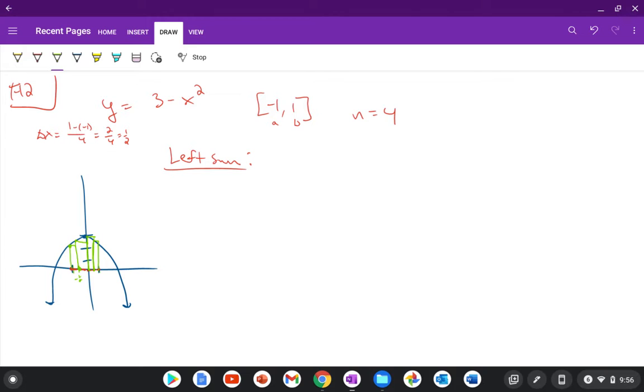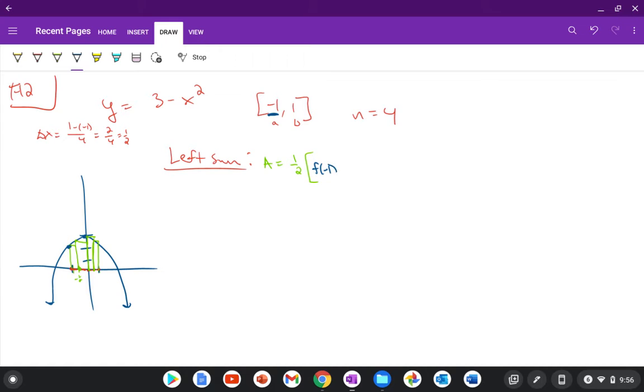So for my left sum, my delta x is a half. So with this one, I'm going to go ahead and just pull out that 1/2 because we know what's going to happen. And then my first height, my first rectangle, since it's the left sum, I'm going to use the left endpoint of my interval.